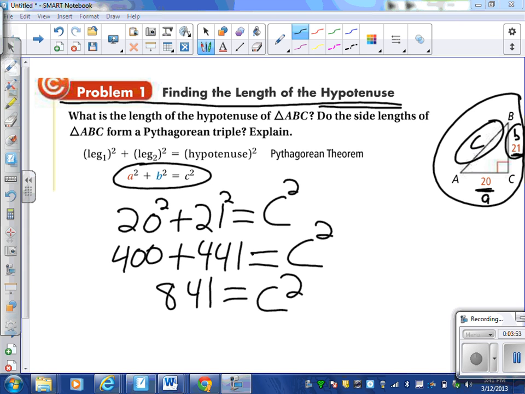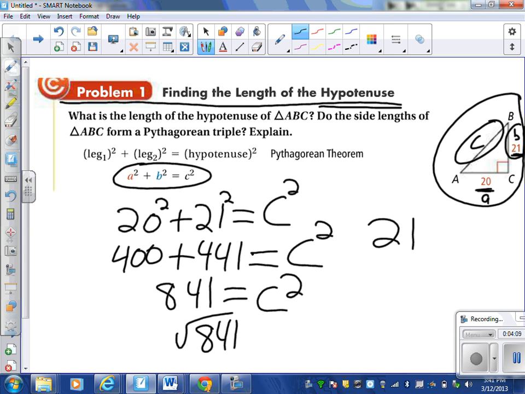And how do we solve it from here? If we have c squared equals 841, you want to take the square root of 841, and that would be 21. So c equals 21.